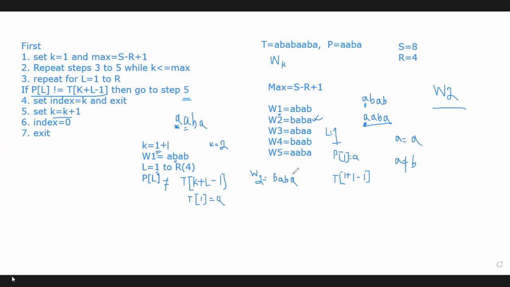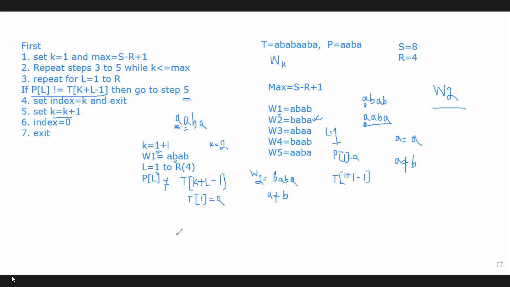And what about T of K plus L minus 1? The first character of W2 is B. So P of L, that is A, is not equal to T of K plus L minus 1. Then you can go to step 5, that is K equals K plus 1, right?